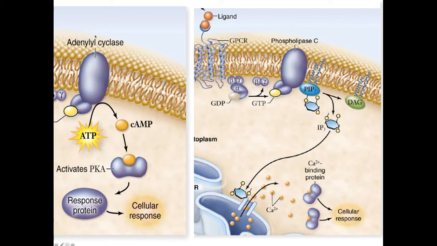So thus far we've considered two effector proteins that can become activated by the alpha subunits of heterotrimeric G proteins. One, adenyl cyclase, can cause the production of cyclic AMP as a second messenger, and phospholipase C, another effector molecule that can be activated by activated alpha subunits of heterotrimeric G proteins, causes the cleavage of PIP2 to diacylglycerol and inositol triphosphate, IP3 and DAG.